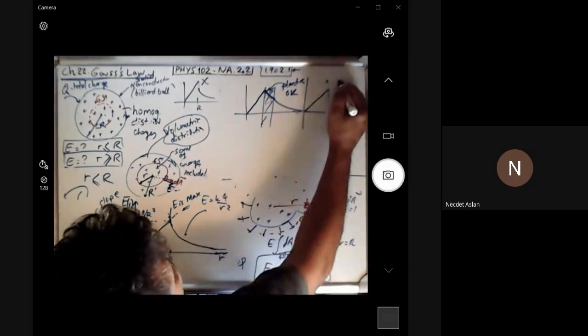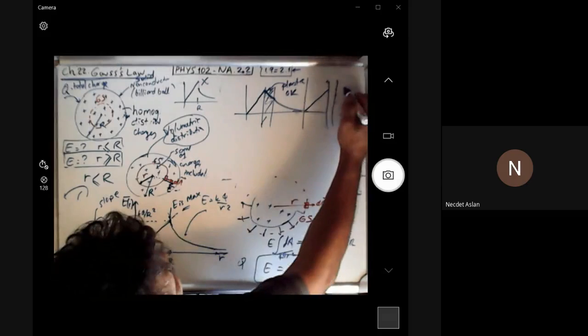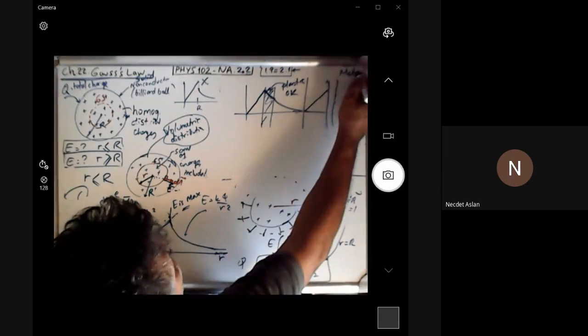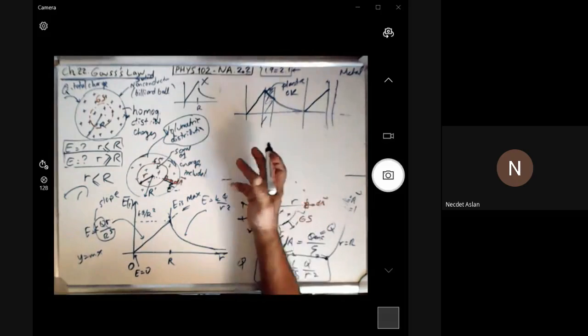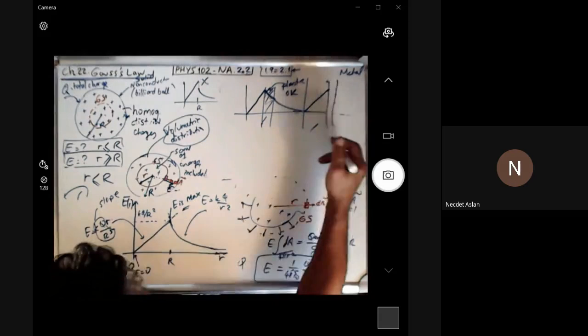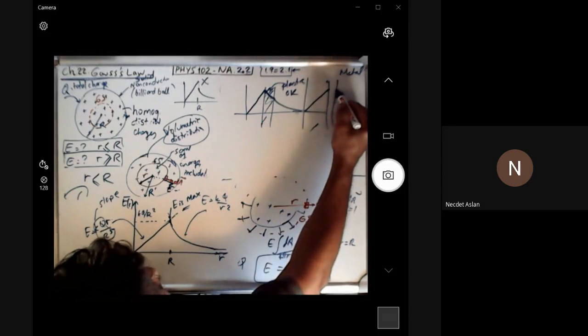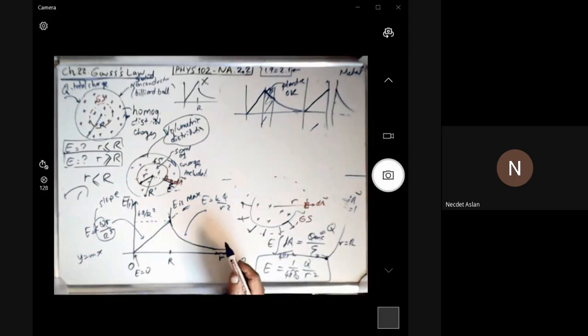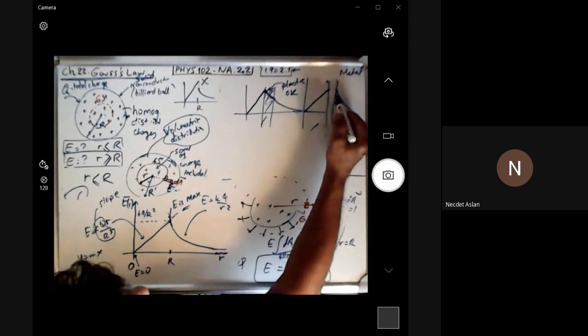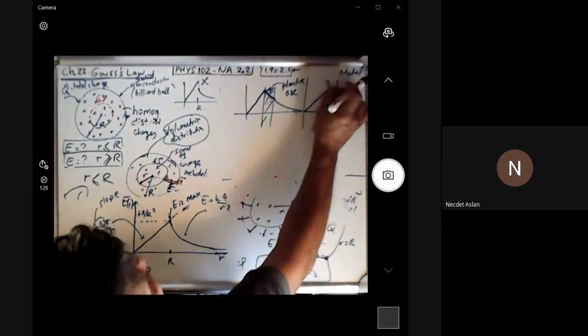But for the metal, if the electric field line is coming this way, we know that electric field is 0 inside the body, but outside there will be some electric field line going this way. So there will be no discontinuity if you just squeeze this region.